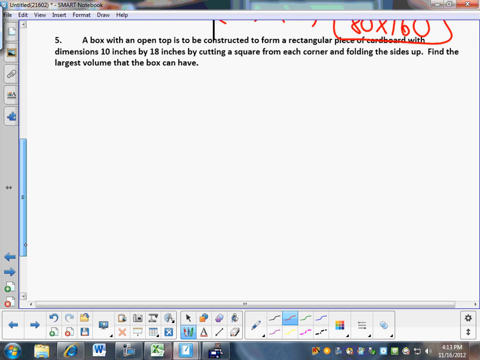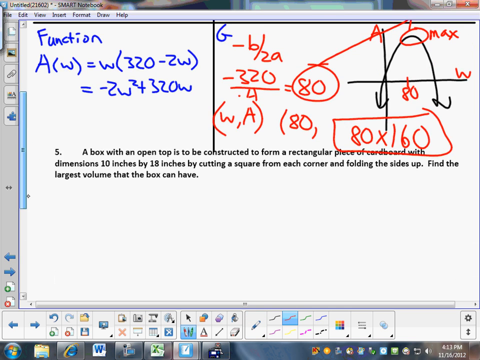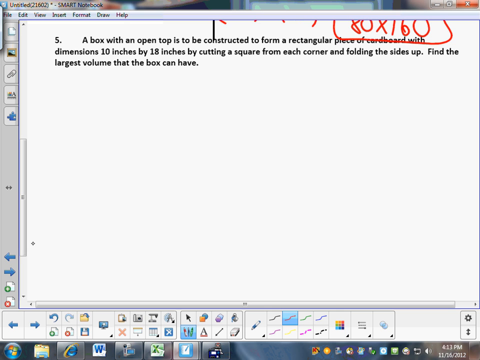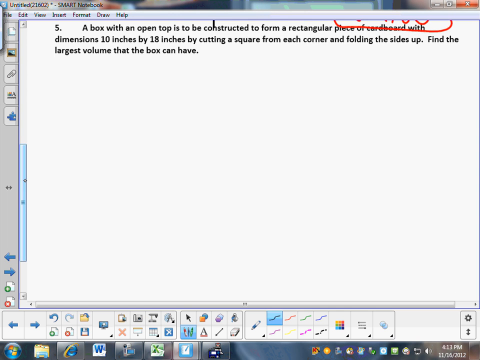One more. A box with an open top is constructed from a rectangular piece of cardboard. Dimensions 10 by 18, by cutting a square from each corner, folding the sides up. Find the largest volume the box can have.